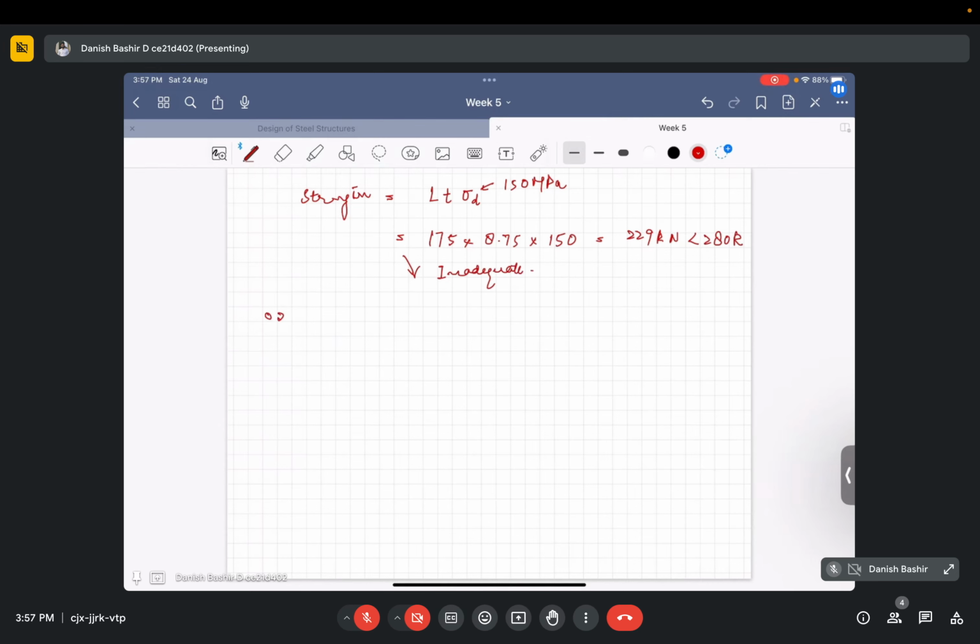Second is the double V joint. Double V weld means complete penetration.